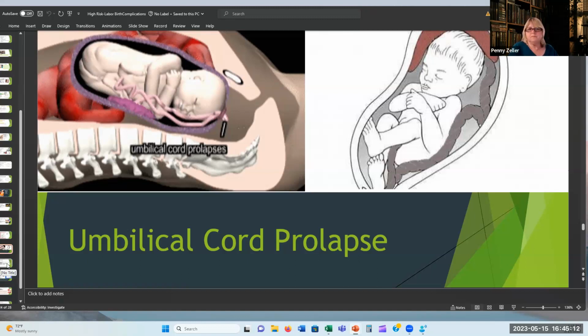What do we do for umbilical prolapse? What do we do? The nurse needs to make sure she stays with the patient and have someone else call for help.